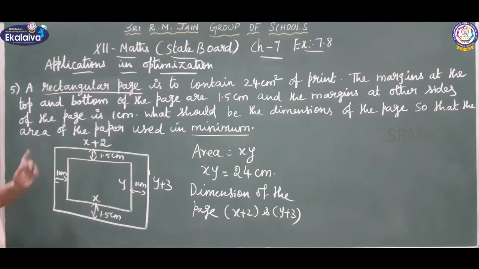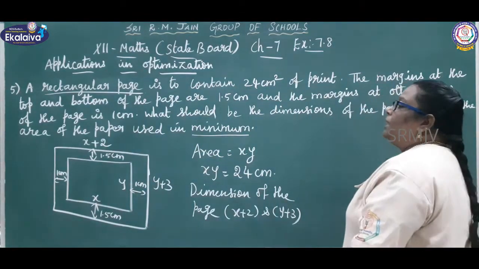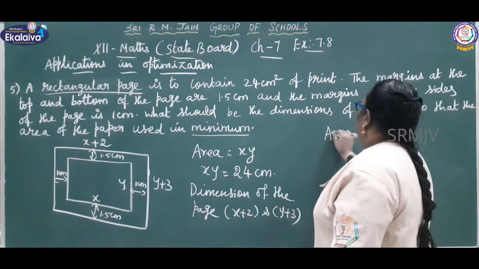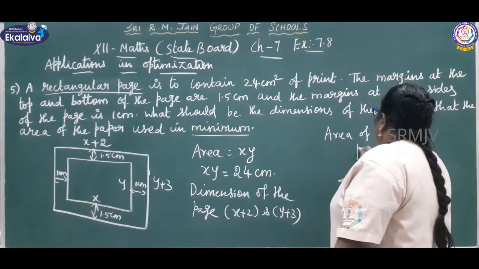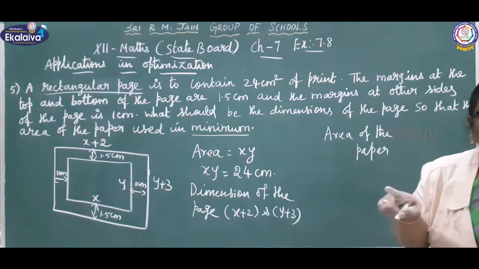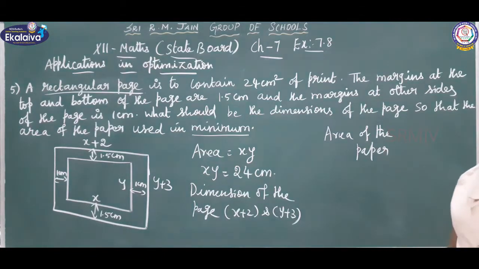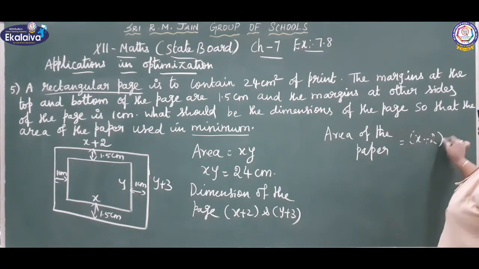So the paper area, area of the full paper. Area of the paper including that side margin. Is it clear, children? Including that side margin. Area of the paper equals x plus 2 into y plus 3.